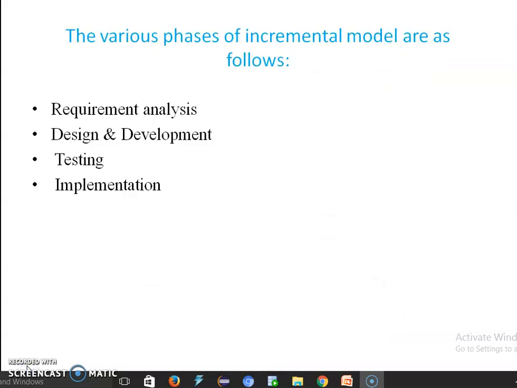There are various phases of the incremental model, explained as follows. The first is requirement analysis, the second is design and development, the third is testing, and the fourth is implementation. Now we will discuss them one by one. First is requirement analysis.